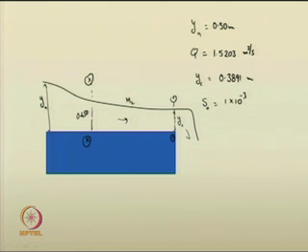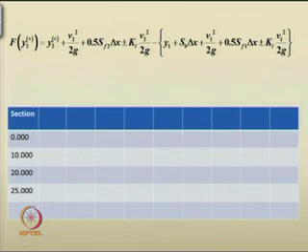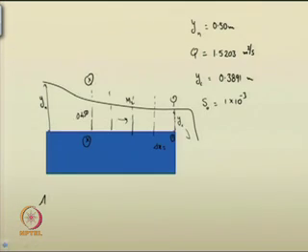So, how can you do these things? You can start from here and divide this entire portion into steps of 10 meters, 7 meters, 7.5 meters, like this. Say del x is equal to 5 meters, or let me use 10 meters as in the table which I have given. So, del x is equal to 10 meters.